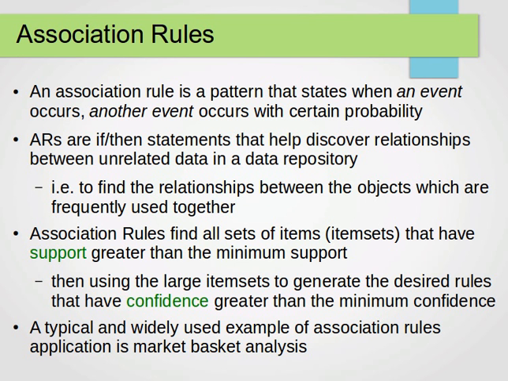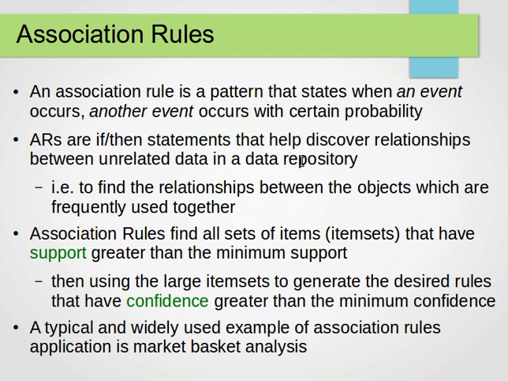Association rules. To define an association rule, generally it's a pattern that states when an event occurs, another event occurs with certain probability. So if event X happens or occurs, what are the chances of another event Y happening? So association rules essentially are just if-then statements that help discover relationships between unrelated data in a data repository, or at least relationships between data that seem to be unrelated.